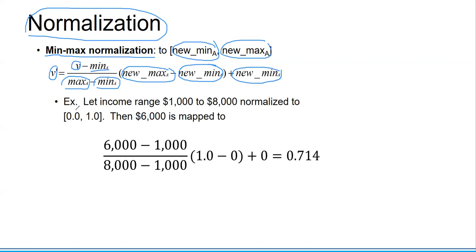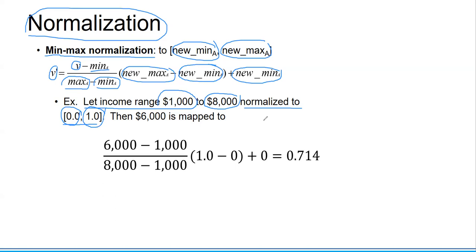For example, let income range between 1,000 US dollars to 8,000 US dollars, and it can be normalized to 0 until 1. It means the new minimum is 0 and the new maximum is 1.